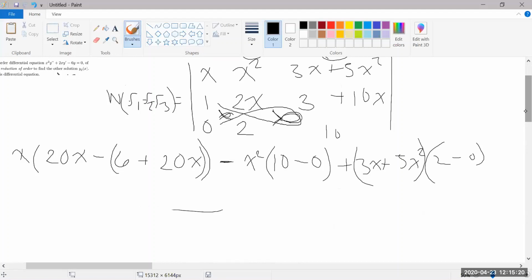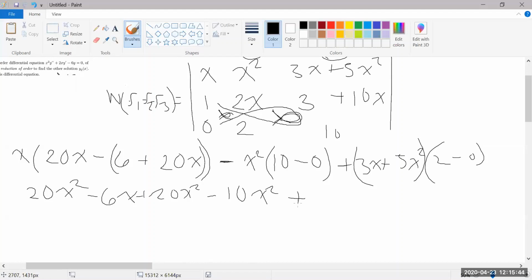Okay, so now we're just going to condense this all down and see what we get. So we have 20x squared minus 6x plus 20x squared minus 10x squared plus 6x plus 10x squared.